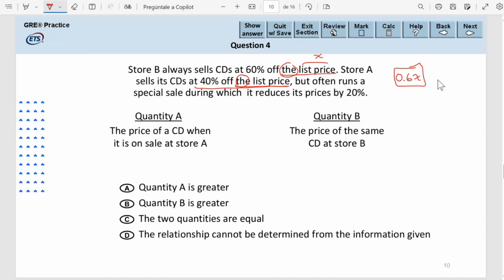And then when the special sale season comes, they reduce an extra 20%. That is, now they will reduce this price, this 0.6X, by 20 additional percent. That is what is going on here, and that's how it should be understood. Understanding this otherwise means failing the answer miserably. Be careful, that's how it should be read in the GRE. Please proceed now.